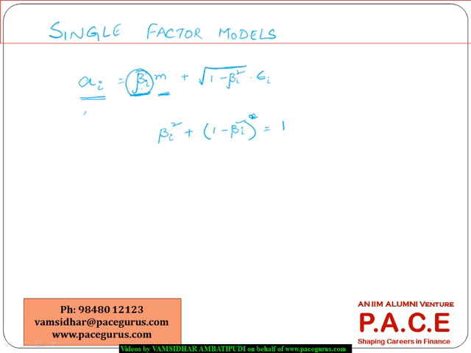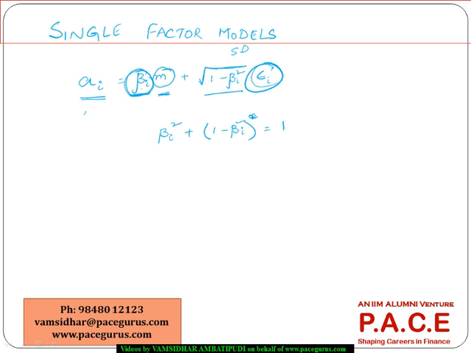So if beta_i is the correlation with respect to the market, then the square root of 1 minus beta_i squared is the standard deviation with respect to the idiosyncratic risk. So this is with respect to market risk and this is with respect to idiosyncratic risk.